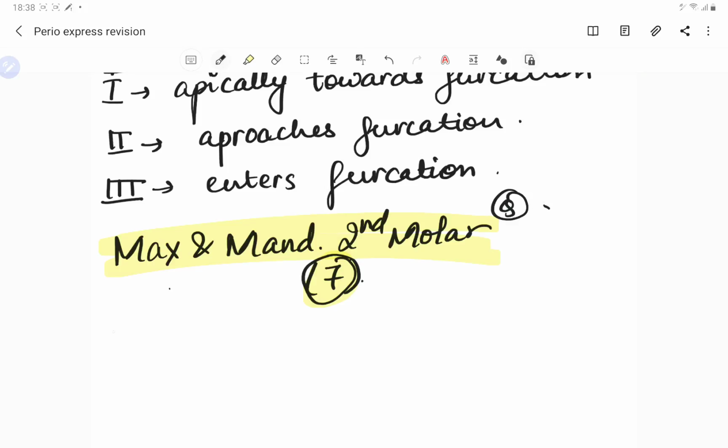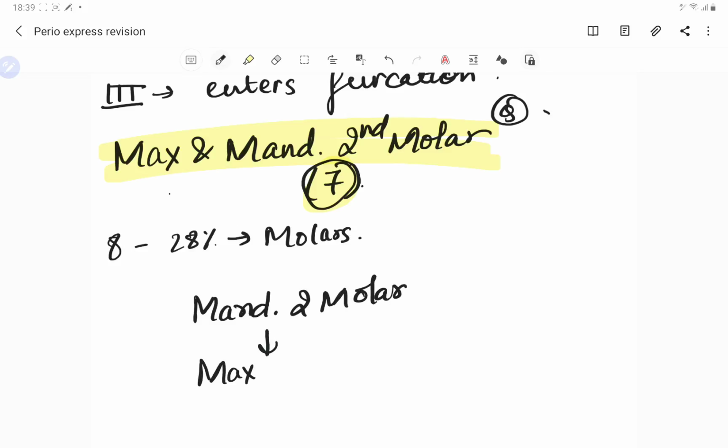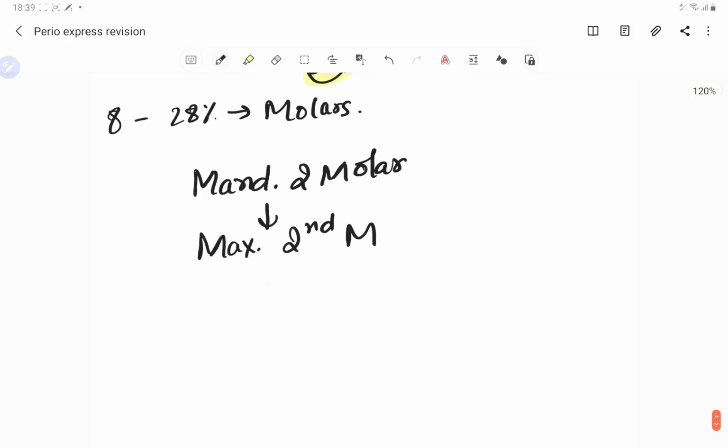It is found in 8 to 28% of molars. And if both options are there, maxillary as well as mandibular second molars, then the first one is the mandibular second molar, then the maxillary second molar, and then, guys, the maxillary first molar.